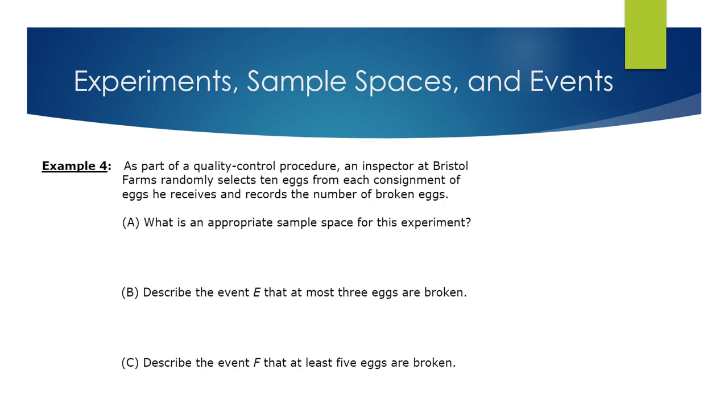What list of numbers would describe the number of eggs that could possibly be broken? And then E and F being subsets of that, how would you write those out based on their description? What elements from S would fall into that? So take a moment, see if you can answer the question, and then we'll go back to it.